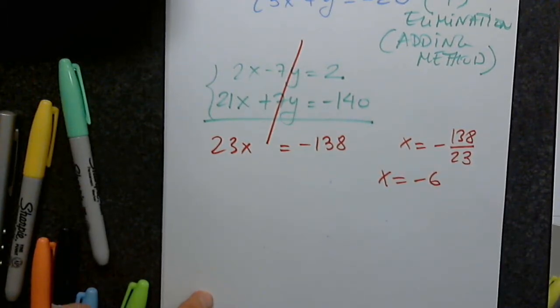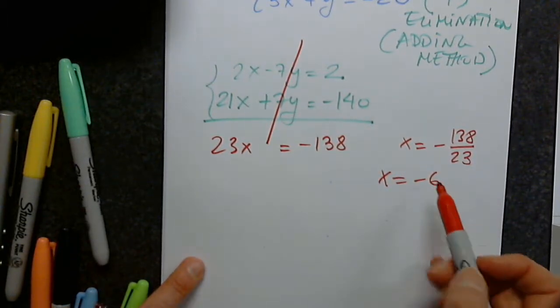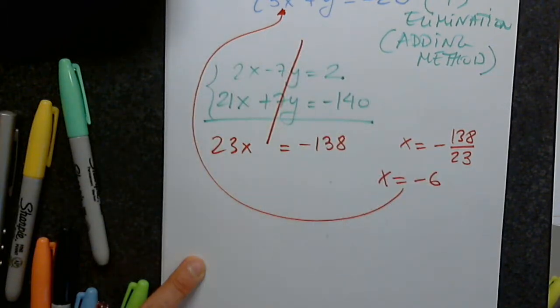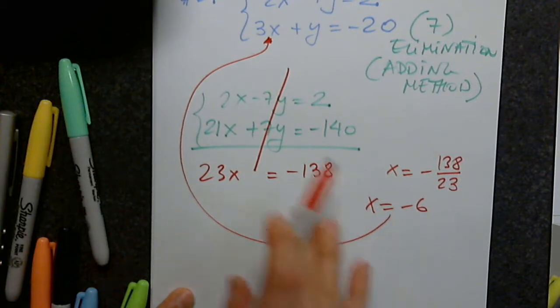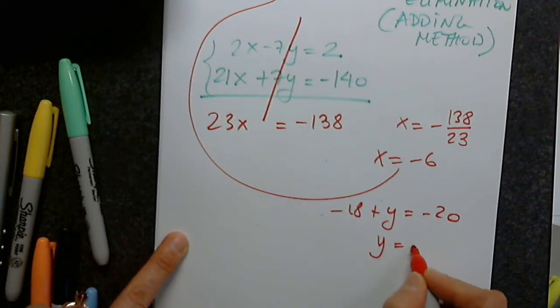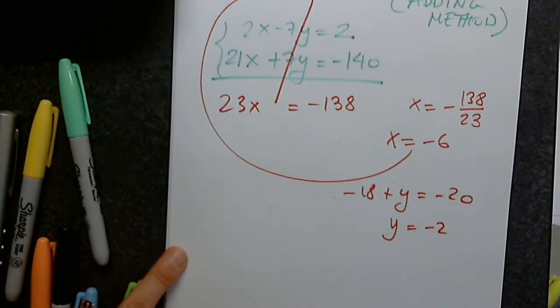Is this done? No. I have to go back, and let's say I go back here. -18 plus y equals -20. So y appears to be -2.